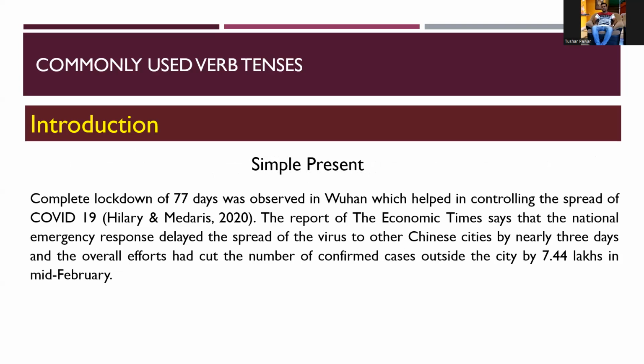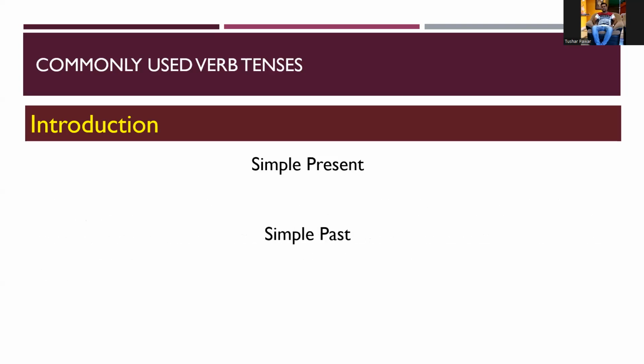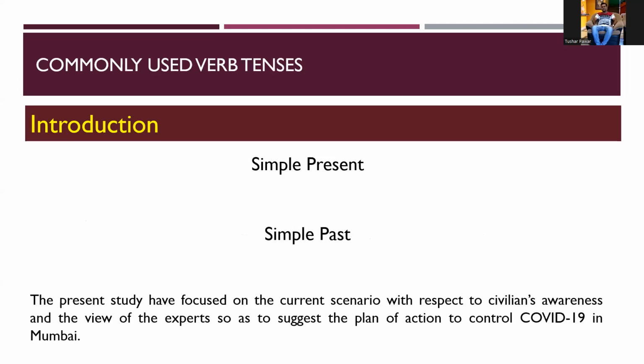I would have written "said" also, but this is true now also, so I have written "says", but "was observed". "And Chinese cities by nearly 3 days, and the overall efforts had cut the number of confirmed cases." So this is simple past, or past perfect also.